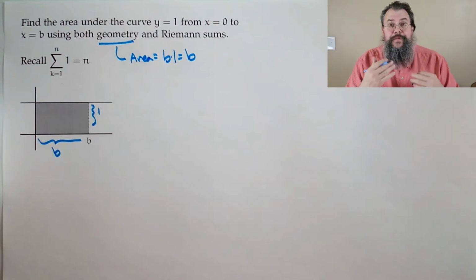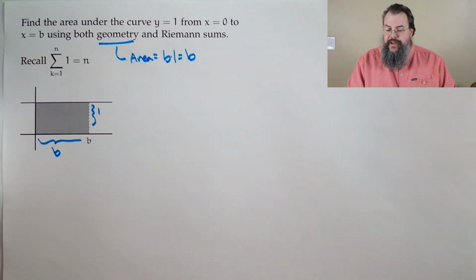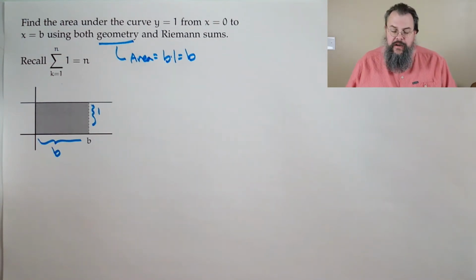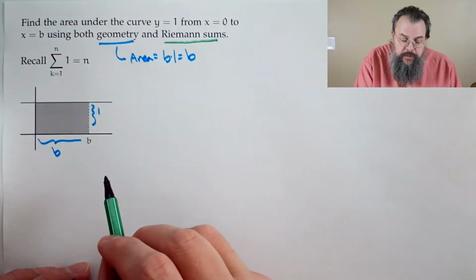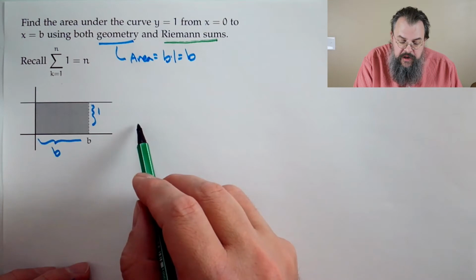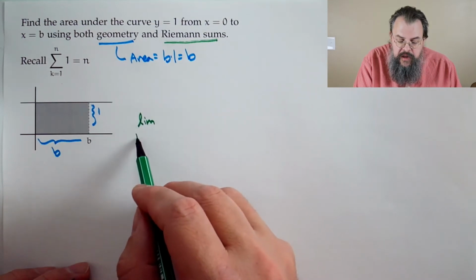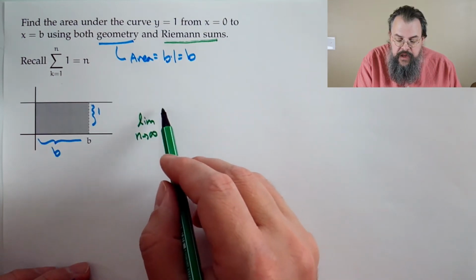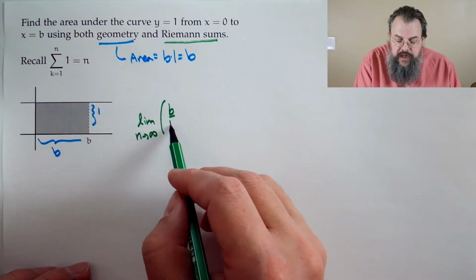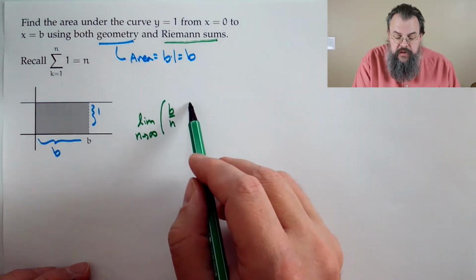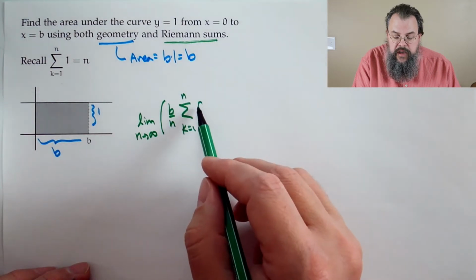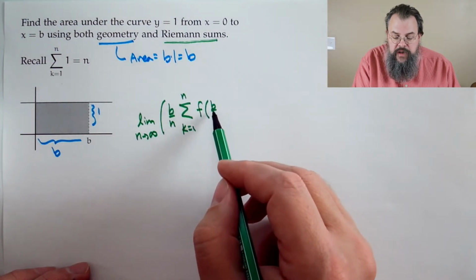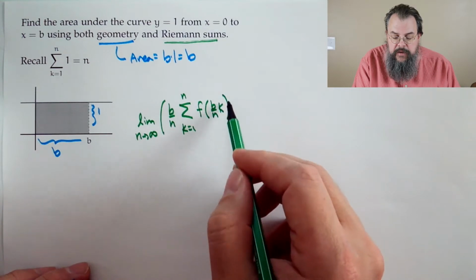But we have to do it 2 ways. Okay, so now let's switch and talk about our Riemann sum approach. So remember, what's the idea? We're going to take our limit as n goes to infinity of b over n, which was our width, the sum, k equals 1 up to n, of f of b over n times k.